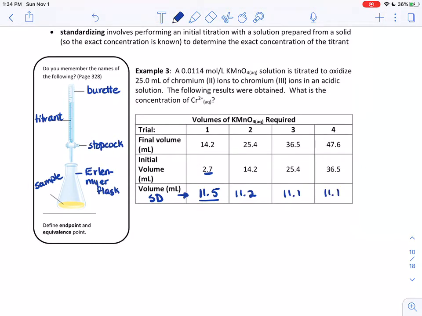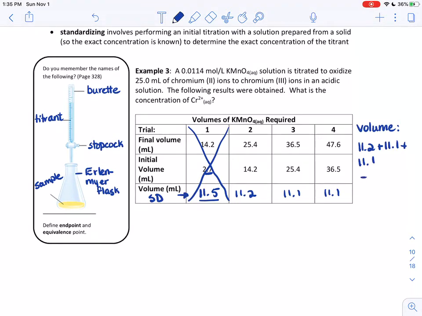In high school, we basically say that as long as numbers are within 0.2 mLs of each other, you can keep them. This first value is too far away from them. It's 0.3 away from our nearest number. So we're not going to use it. That's going to be an extra one. And to find our volume, we are going to take the average of the last remaining numbers. By the way, you can have 4 numbers here, you can have 5, you can even have 2.